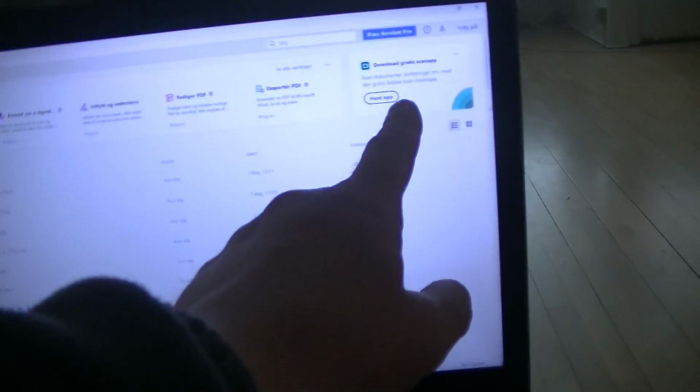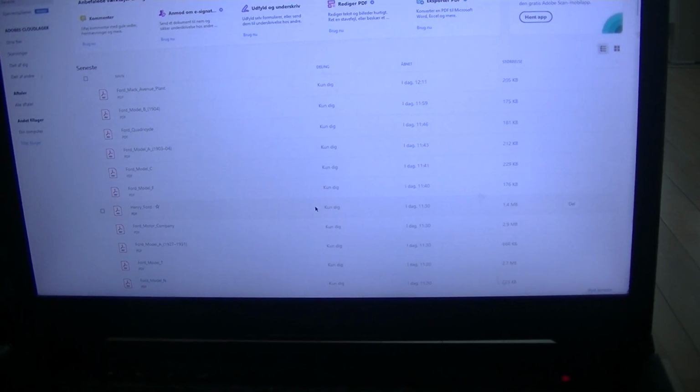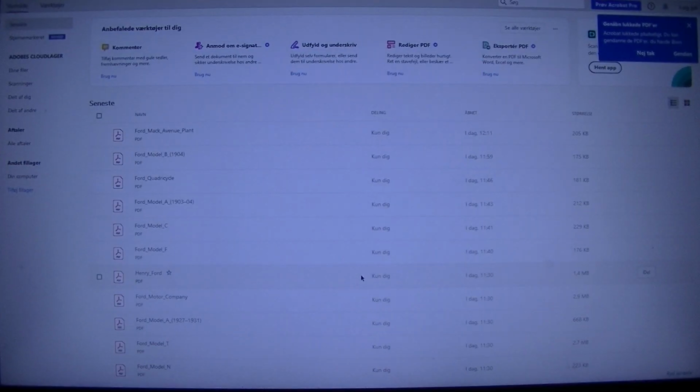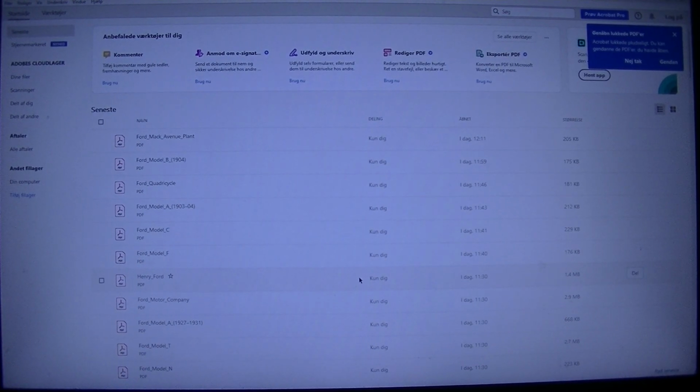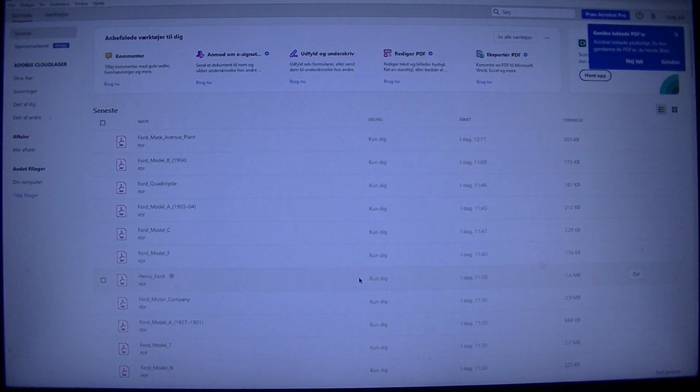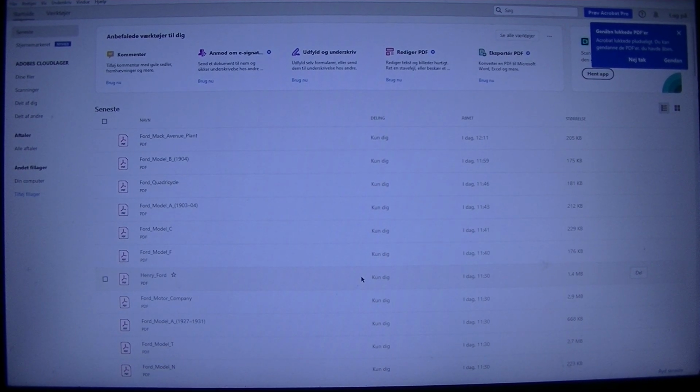So let's see if it opens. It used to pop up here. Not always. Now I did it. So I have to put my camcorder down. I'm sorry, but this is how my life is right now.